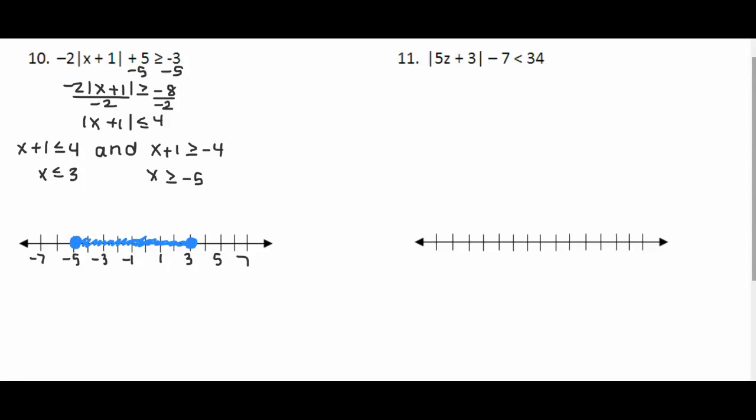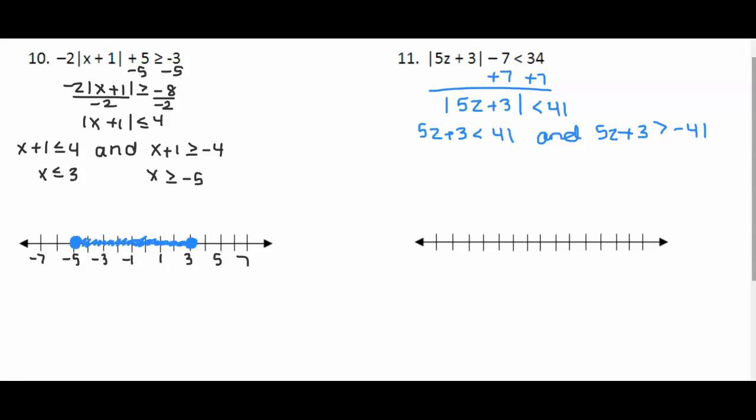In 11, we're going to do the same thing. We're going to isolate the absolute value by adding 7 to both sides. So we have the absolute value of 5z plus 3 is less than 41. So this is an "and." So you have 5z plus 3 is less than 41, and 5z plus 3 is greater than negative 41.